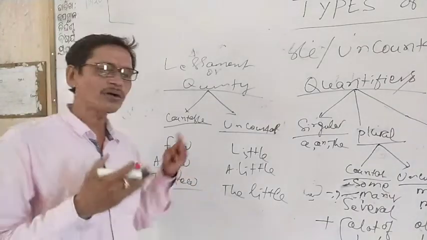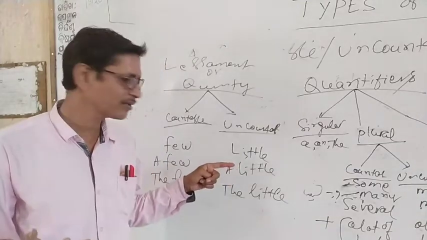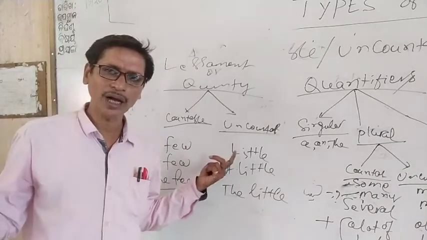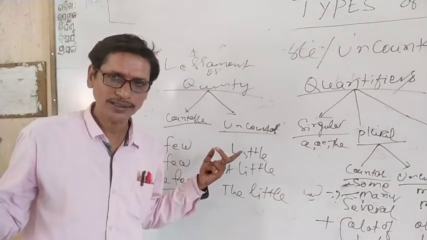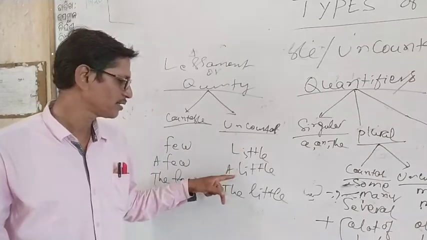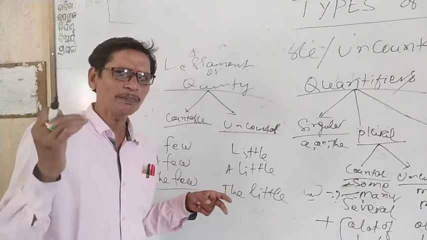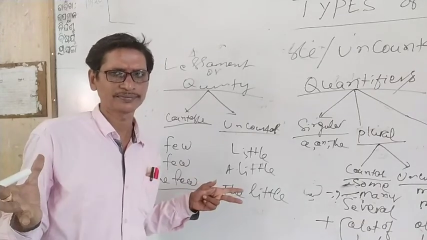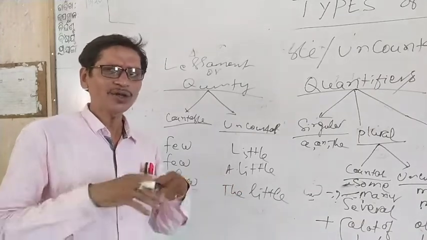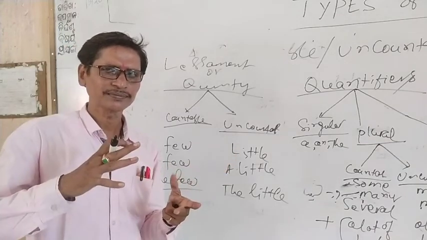Similarly, when we talk about uncountable nouns, the examples I have given: I have little computer knowledge, means I have no computer knowledge. I gave you the answer with a little computer knowledge I have. That means it is not clear how little.